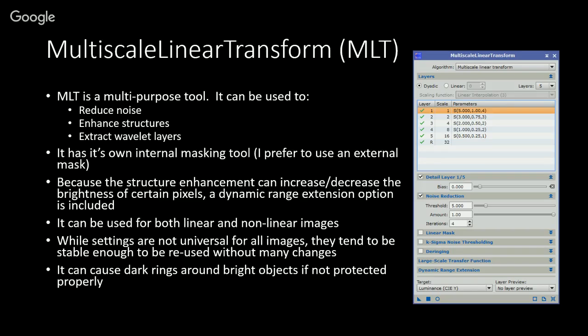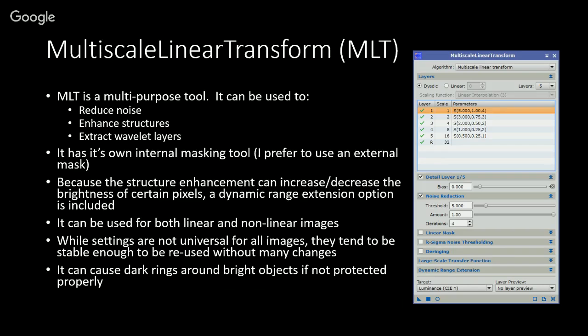That's a very complicated question. There are some underpinnings on how the wavelets are actually extracted. Multiscale linear is based on a series of Gaussian filters. I'm not sure how A Trous is calculated, but it's a different method of determining how the layers are extracted, is essentially what it boils down to.